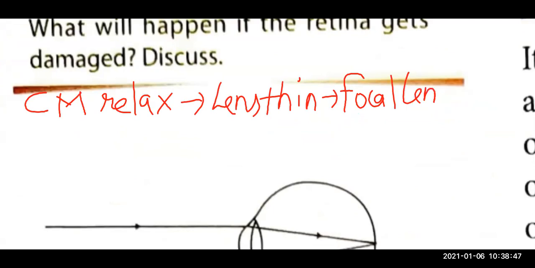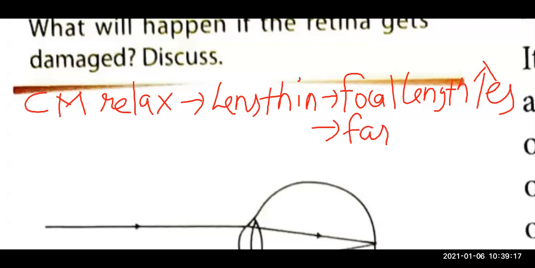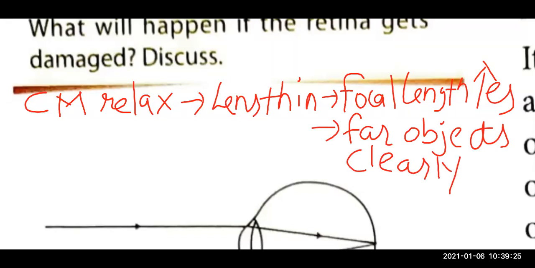Increases, so draw an arrow for increases. Ciliary muscles relax, lens becomes thin, focal length increases, which helps us to see the far objects clearly. Right, children?